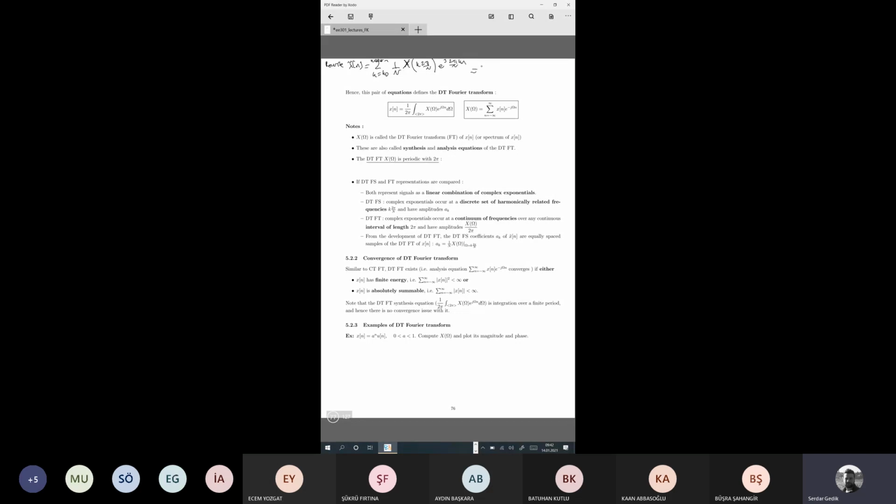This equals nothing but 1 over 2 pi summation over k of X of k 2 pi over n, e to the power j 2 pi over n kn, times 2 pi over n. So I have put a 2 pi in the denominator and a 2 pi in the numerator. So it is almost the same.